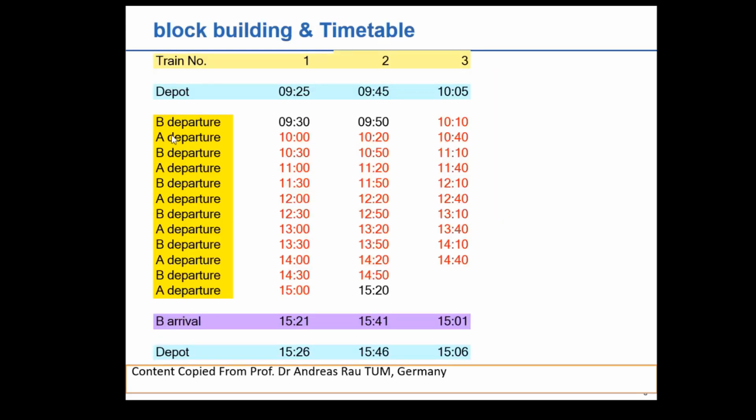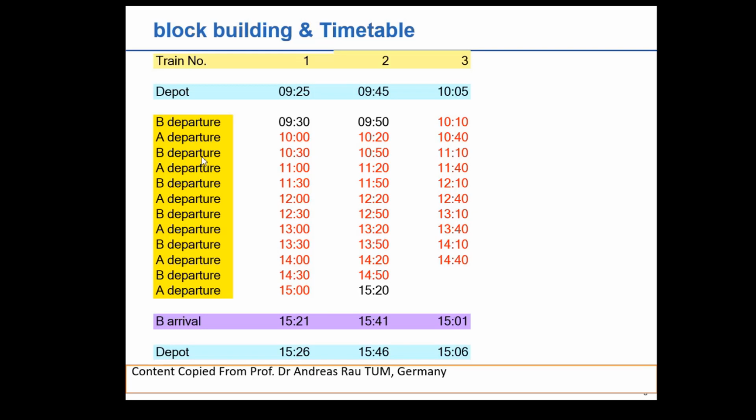As you can see here, it starts from our depot at 9:25. It reaches B at 9:30, but it should start from A at 10. So of course it needs 21 minutes to go from B to A, and then it will start its services from 10.